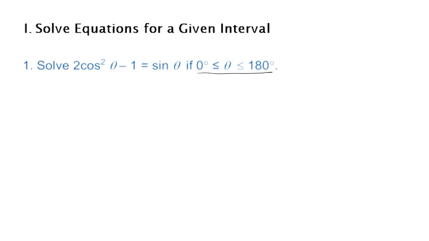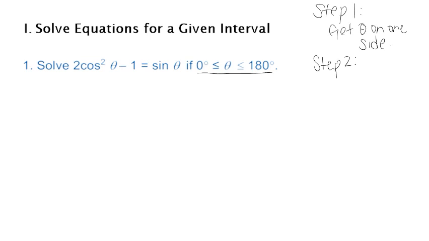So what I'm going to do is list some steps over here. Step 1 is I want you to get theta onto one side. Step 2 is we are going to put this into either sine or cosine.